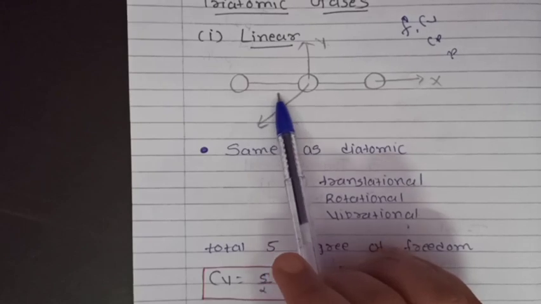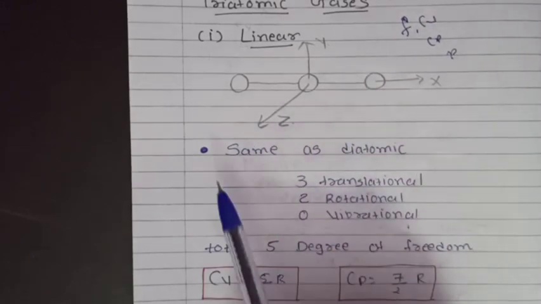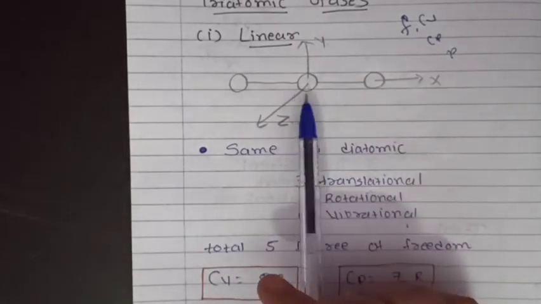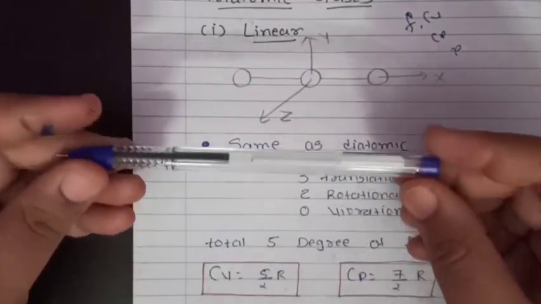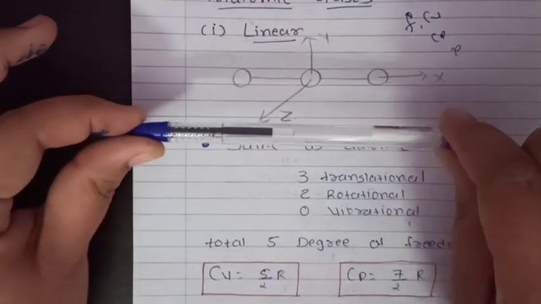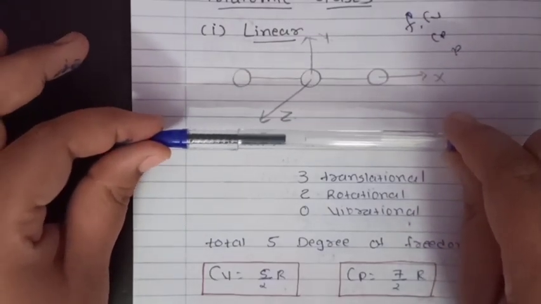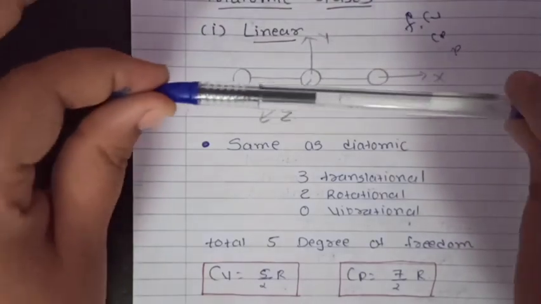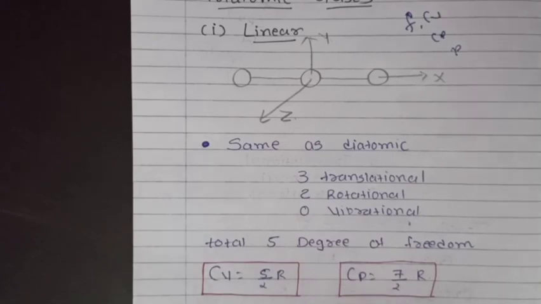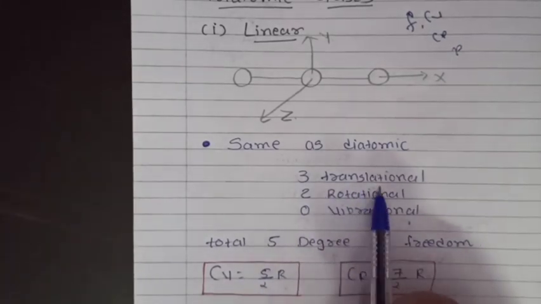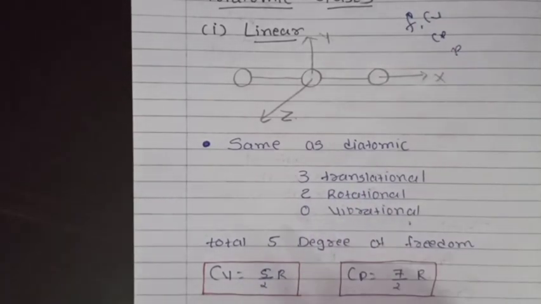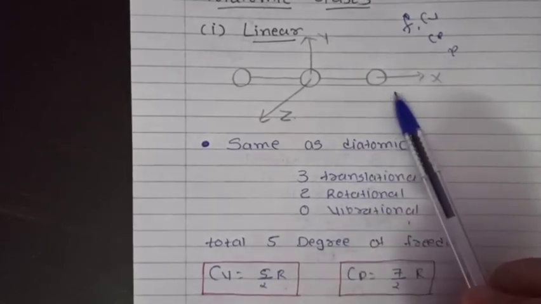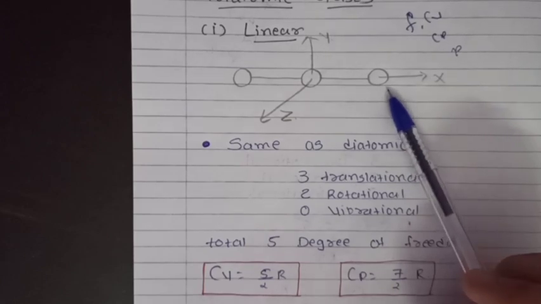Let's say we have placed it along the x-axis. So it is free to move in a straight line along the x-axis in this way. Again, it is free to move along the y-axis in this way, and it is free to move along the z-axis in this way. So there will be 3 translational degrees of freedom. Now talking about rotational, as the structure is the same as diatomic, the rotations will be the same.